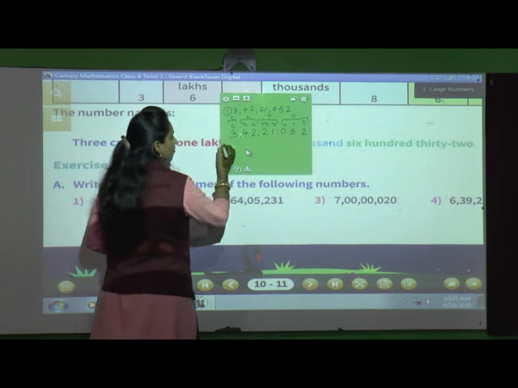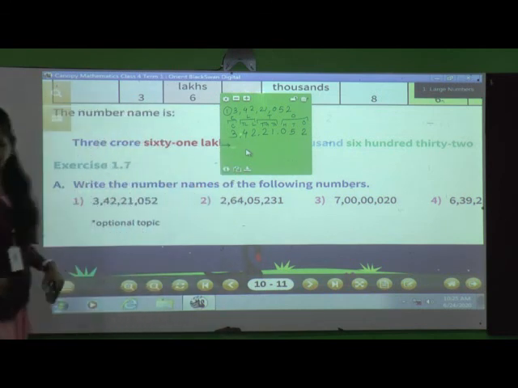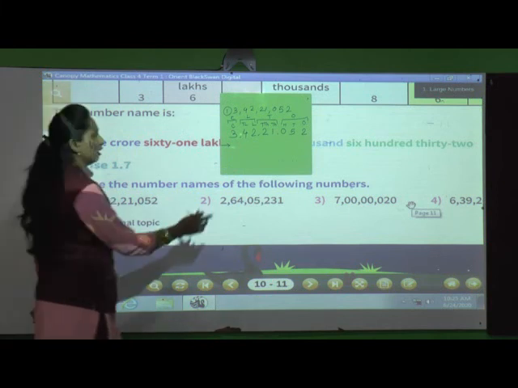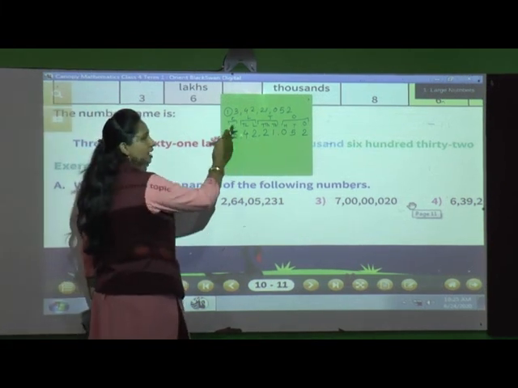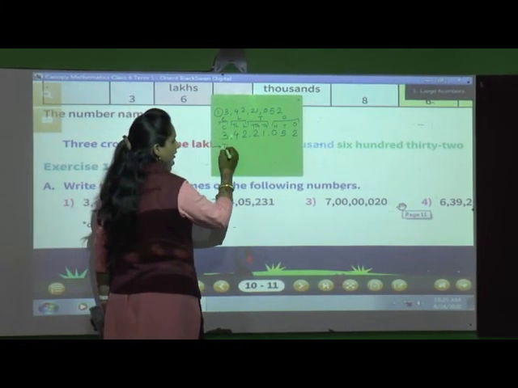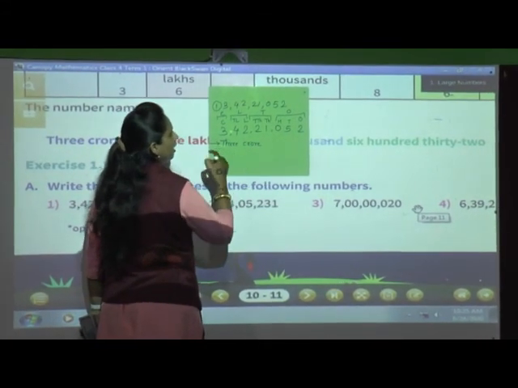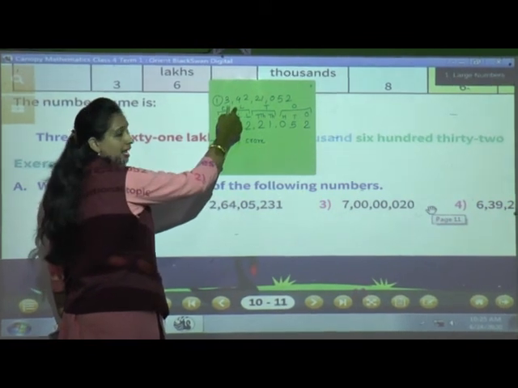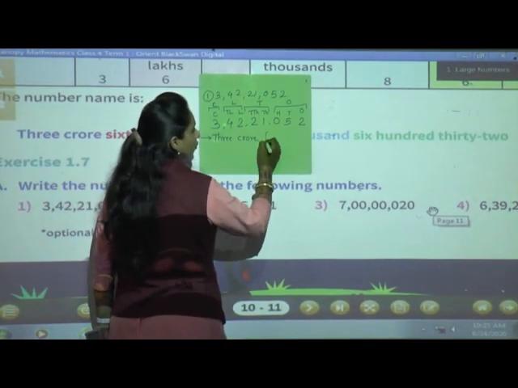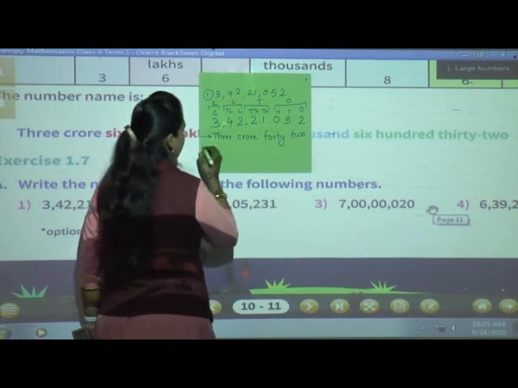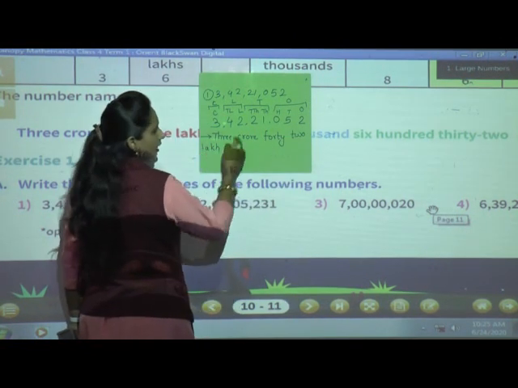Now we will write the number name of this given number. Now can you read how to write this number? 3 crore. So write 3 crore. And 42 lakh. 42 lakh. Can you see here?